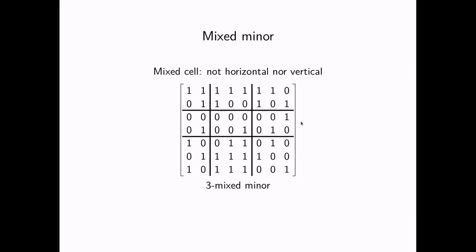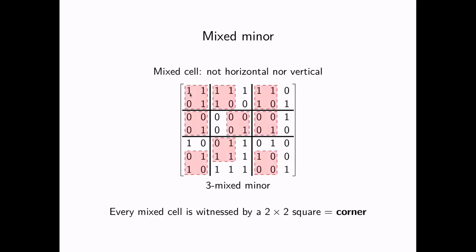And the mixed minor will be the same, but we replace not being full zero by not being horizontal nor vertical. So a 3-mixed minor is a 3 by 3 division where every cell is not a copy of the same column vector nor a copy of the same row vector.